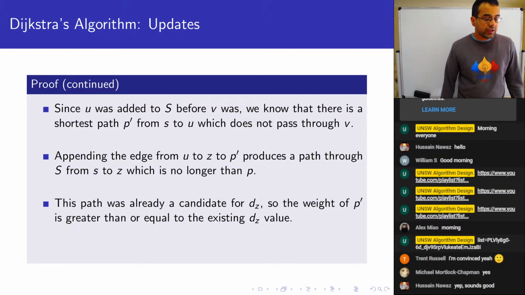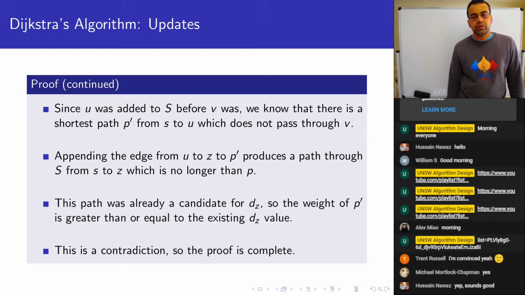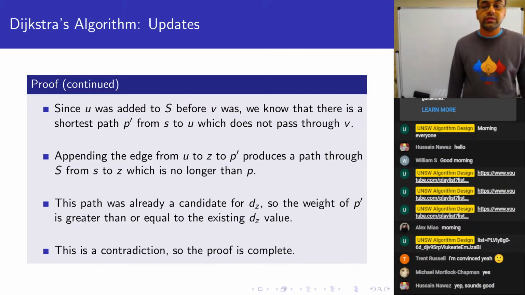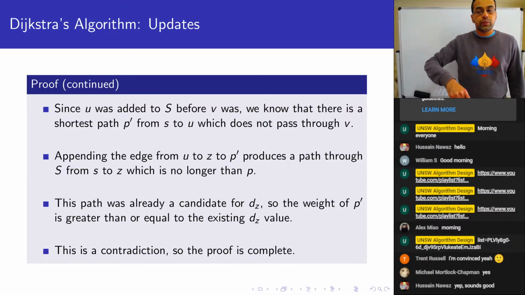So the weight of p dash is greater than or equal to the previous dz value before we even added v, and therefore we have a contradiction. There can't be a new shortest path which goes through v on the way to something else in S and then onto z that is better than the existing dz value.